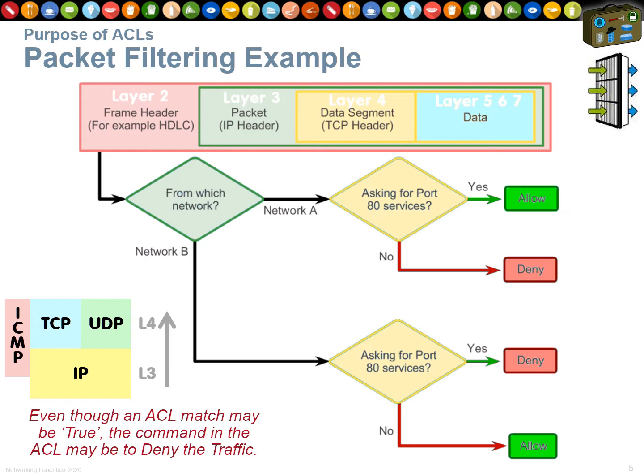Now look in the bottom left hand corner. We've got this nice little chart about the OSI model. IP is layer 3. TCP and UDP layer 4. ICMP is sort of in its own thing off to the side. Just remember as we're working through, if you write a policy to match layer 3, then ICMP, TCP and UDP will all work because they're above it in the food chain.